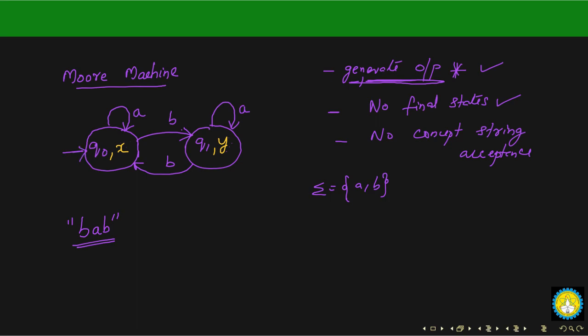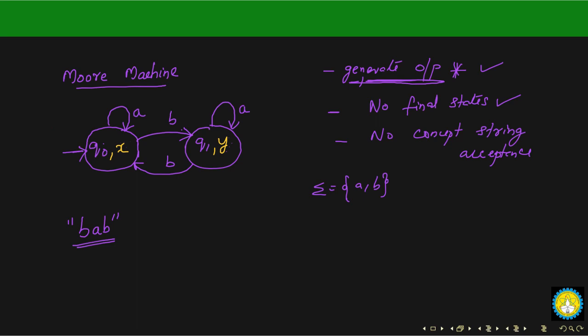In a Moore machine, even before you start processing a string, you are already in the starting state. Here, you are already at Q0 even before starting to process your input string. Since you are already at Q0, you definitely will have X as one of the outputs, because X is the output generated by the starting state.